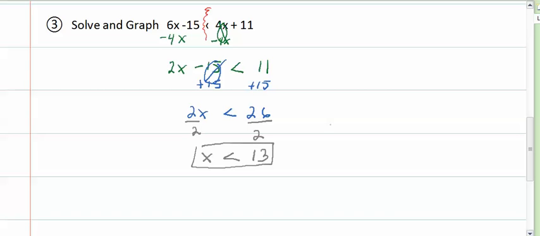Again, we're going to graph it. Make my number line. I'm going to put a 13 here. And I'll go ahead and put a -13 on the other side. My beginning point is 13. And it is an open circle because there's no line under it. Then I go back and I read it like a book.